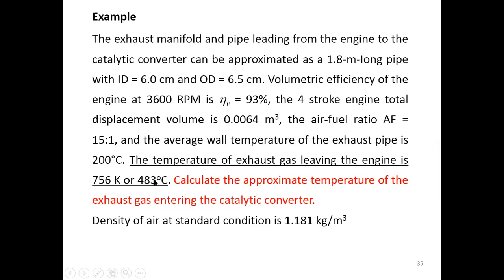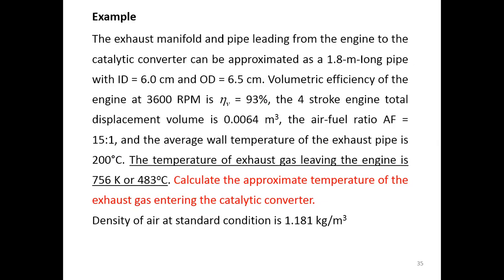So this gives you the sense that there is heat transfer, because the gas temperature is this, the material temperature is this. Calculate the approximate temperature of the gas entering the catalytic converter. They want you to find the temperature of the gas before it gets into the catalytic converter.